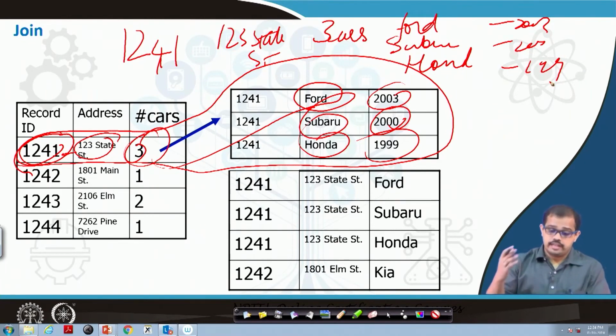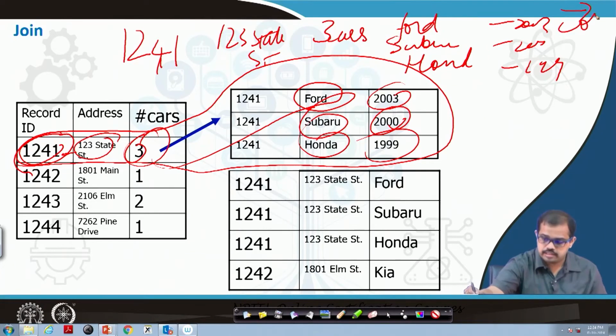If again someone gives a query as color, and the color is in another table, that is also joined into it as red, green and black.